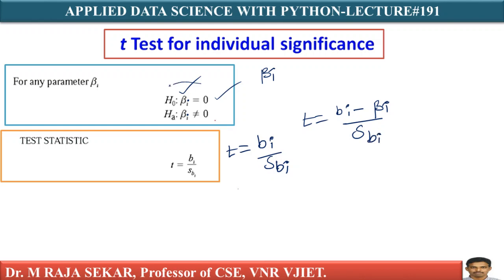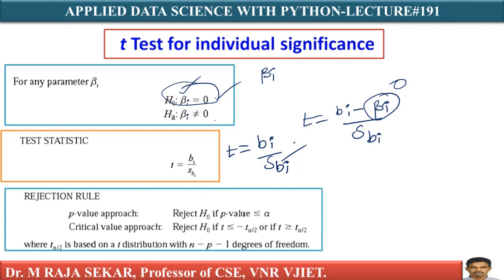According to the null hypothesis, we assumed beta i equal to 0. Therefore, if I put 0, you will get T equal to bi by sbi. Because beta i equals 0, I can treat T as bi by sbi.